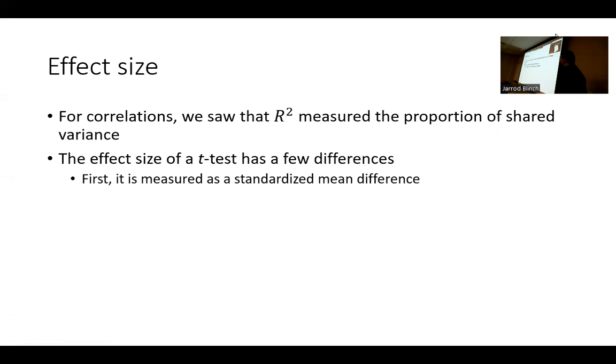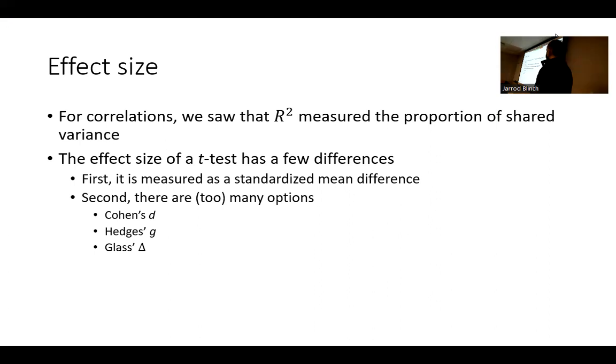So the difference here is that we're trying to normalize the mean difference. If you think back, those of you who are in the advanced class, remember when we normalized the covariance by dividing by the standard deviation? That's what we're going to do again here. We're going to divide the mean difference by the standard deviation to get a unitless estimate of the effect size.